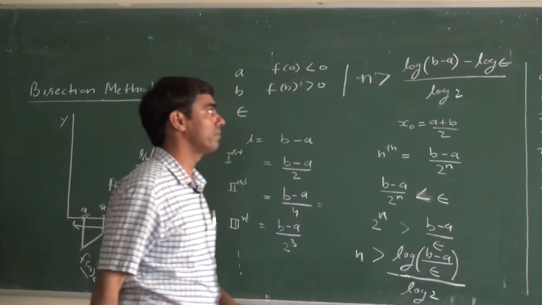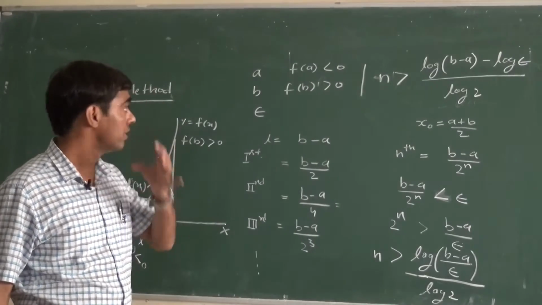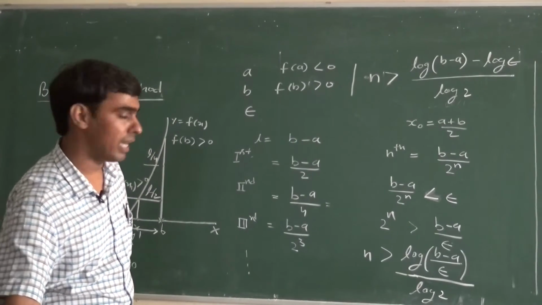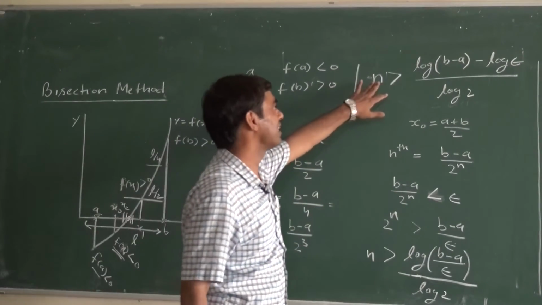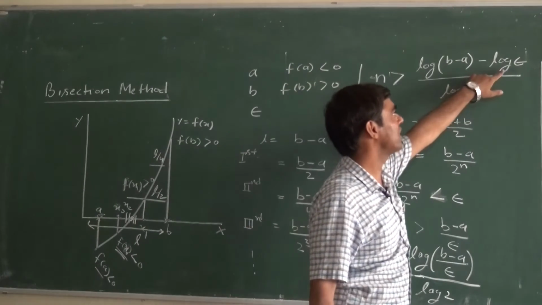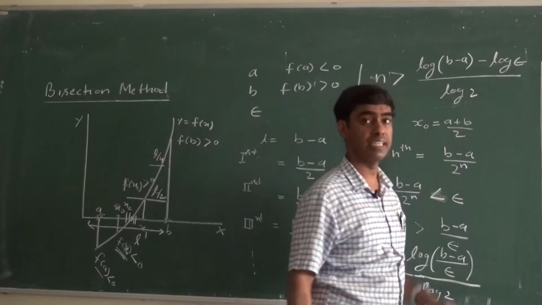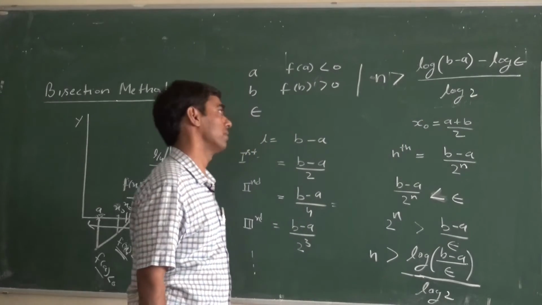So if we have the values of a, b and EPS, then we can decide the value of n, the number of iterations required to find the desired root correct up to the desired level of accuracy.